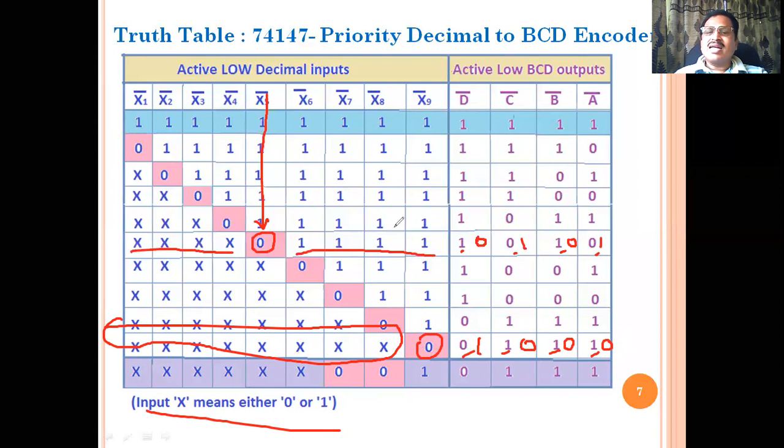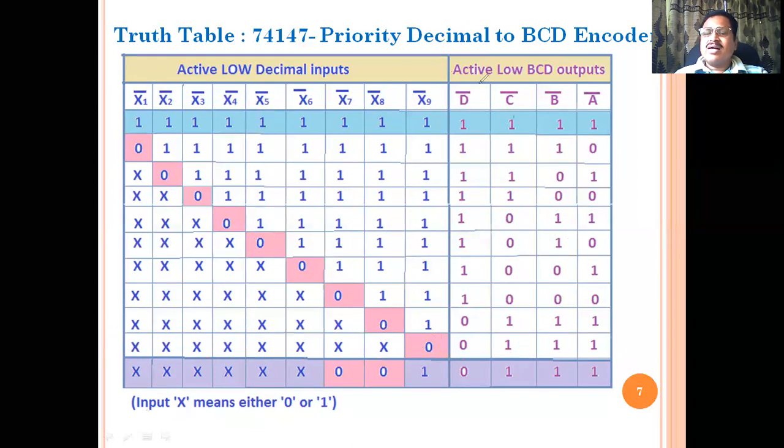Now an interesting point here to justify why this IC is called a priority encoder. As one more observation, I have selected decimal 7 and 8, both connected at logic 0.